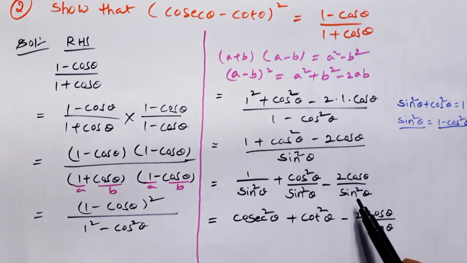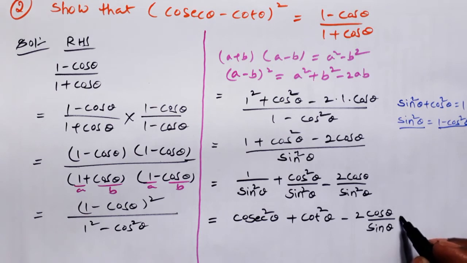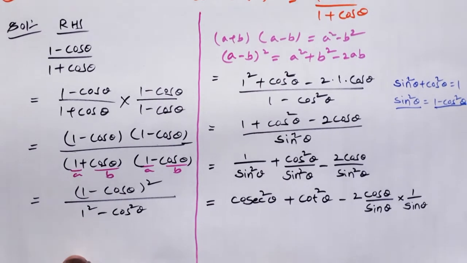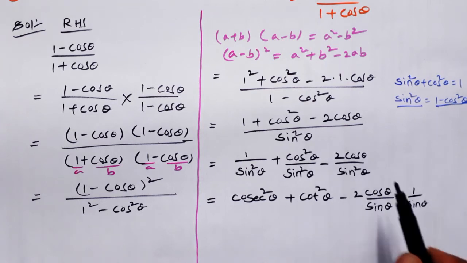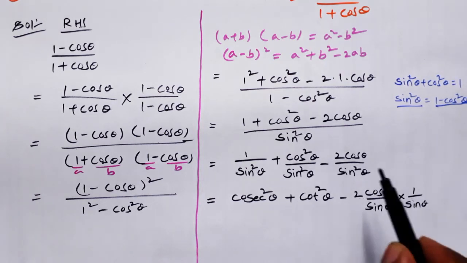Sin square theta means how many sin we have? We have 2 sines. One sin I wrote here. One more sin beside this I would write as 1 by sin theta. Same, okay? No answer I am changing, but just modifying that. Observe this, sin theta into sin theta, sin square theta. Here we have sin square theta. 2 into cos theta into 1, 2 cos theta.